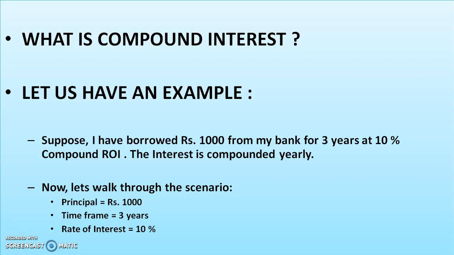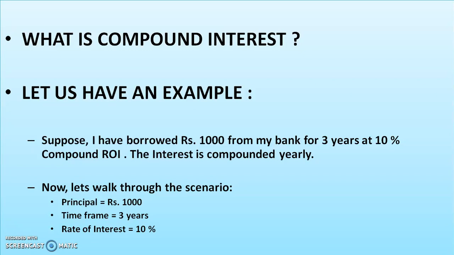So the compound interest funda says that the amount at the end of the previous year becomes the principal for the next year. So here the amount, which is 1000 plus 100 rupees, becomes the principal for my second year, which is 1100 rupees. So my bank will again earn 10% rate of interest on this 1100 rupees.